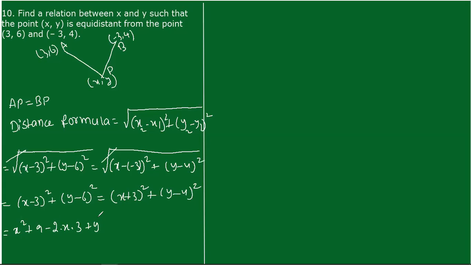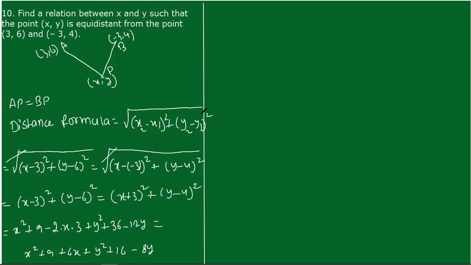Then y square plus 36 minus 2 into y into 6, which is 12y, is equal to, expanding this, (x plus 3) whole square: x square plus 9 plus 6x, and y square plus 16 minus 8y.